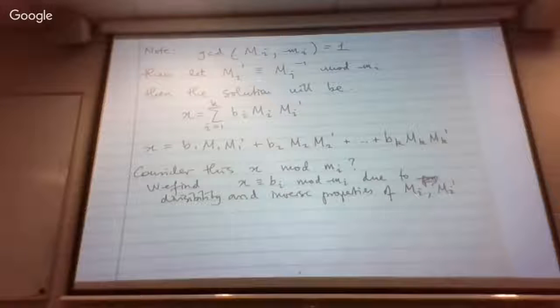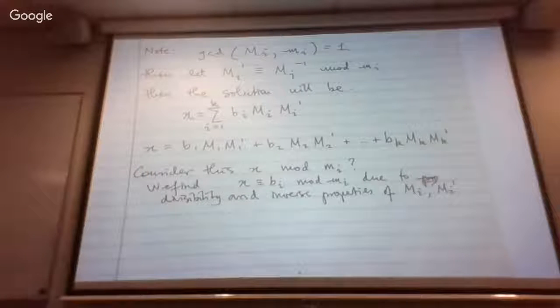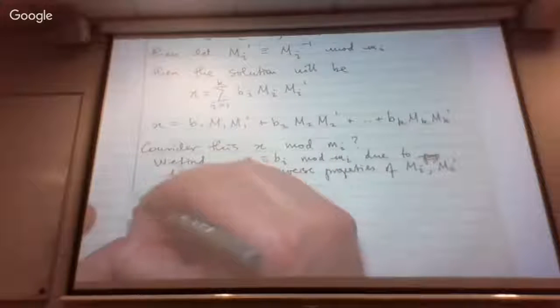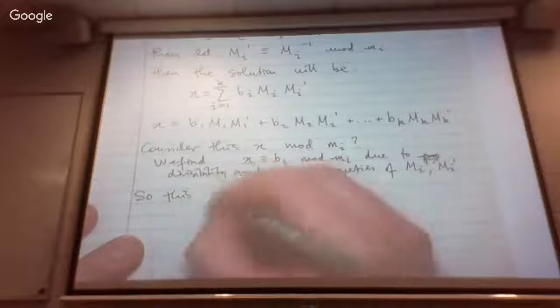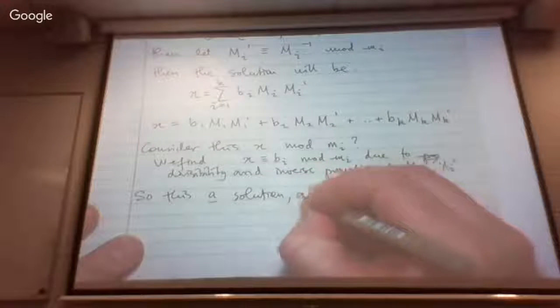Any other solution will be congruent to this x modulo capital N, the product of all the little mi.